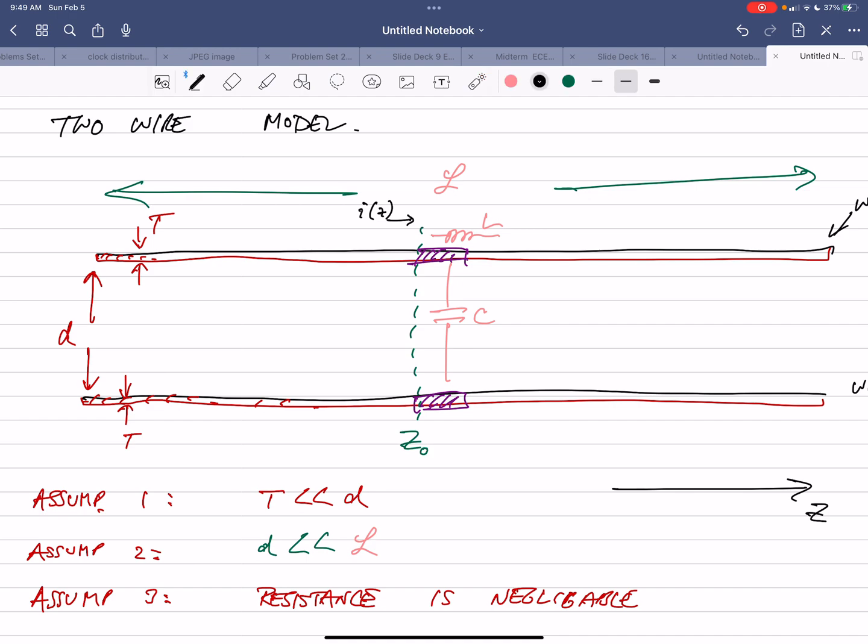And there might be a current I sub Z going the other way as well.